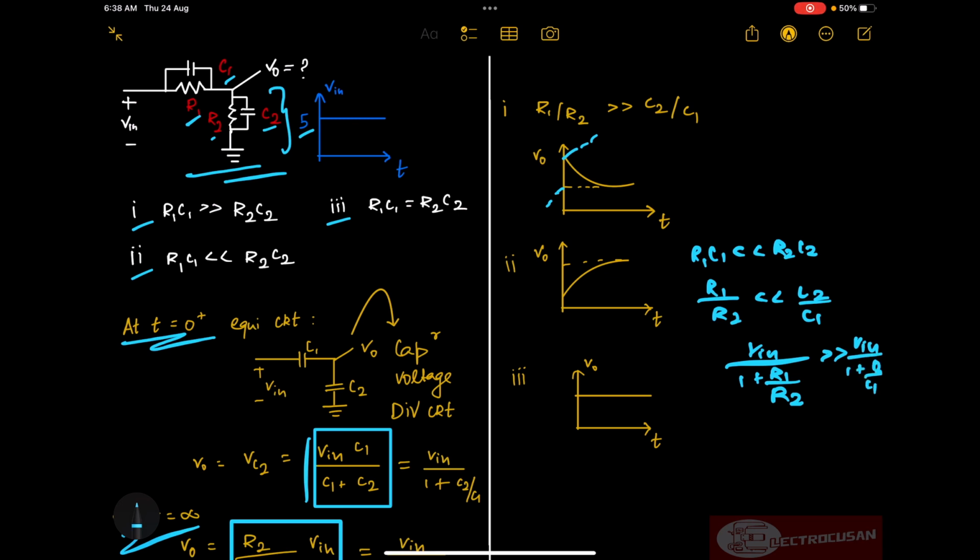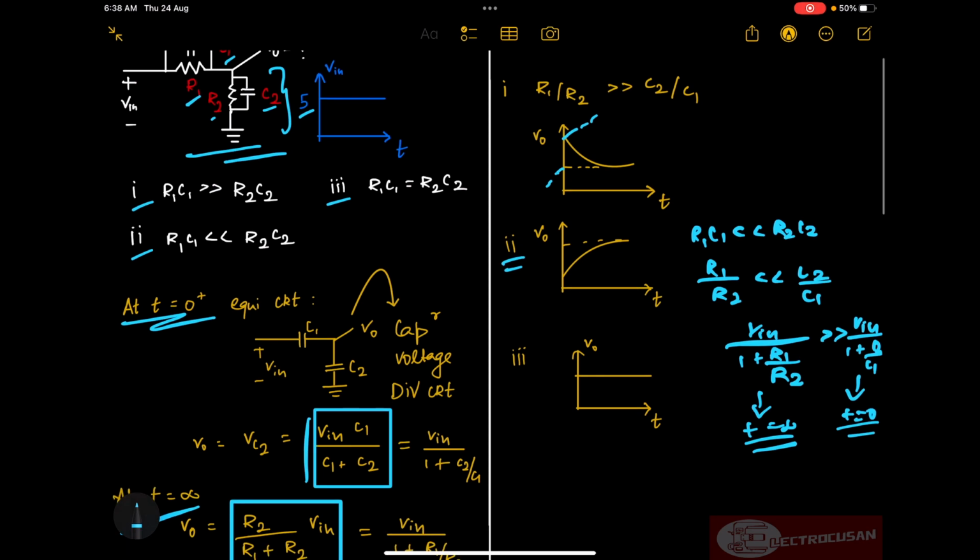This is at t equal to infinite and this is at t equal to 0. So the value of Vout at t equal to infinite is greater than the value of Vout at t equal to 0. This will be the corresponding plot for the output waveform.